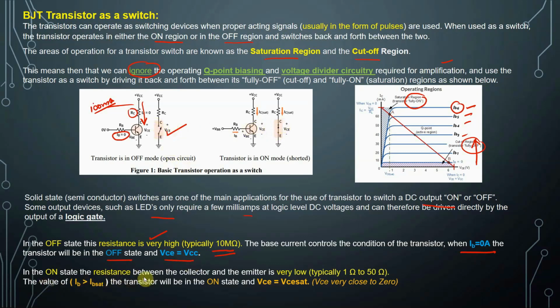In the on state, the resistance between the collector and emitter is very low, in a value of 1 ohm to 50 ohms. So the value of IB must be greater than IB saturation, and the transistor will be in the on state. In this case, VCE is equal to VCE saturation, which is very, very close to 0.